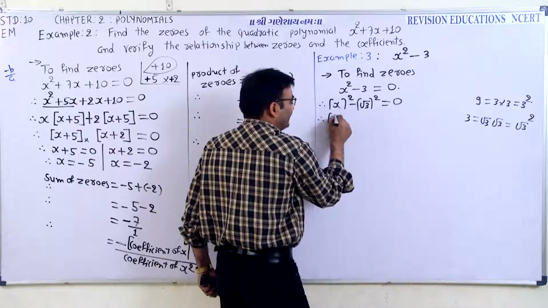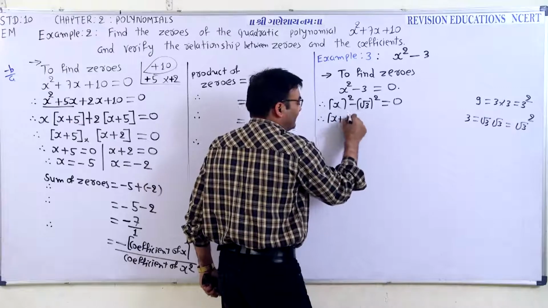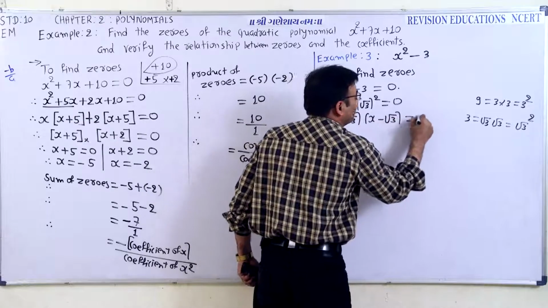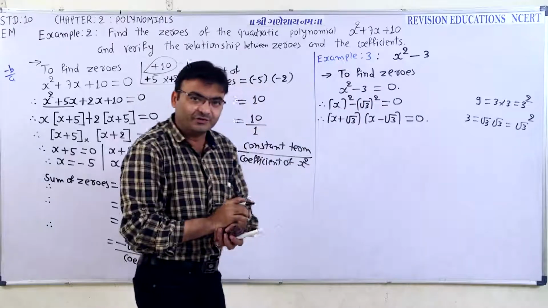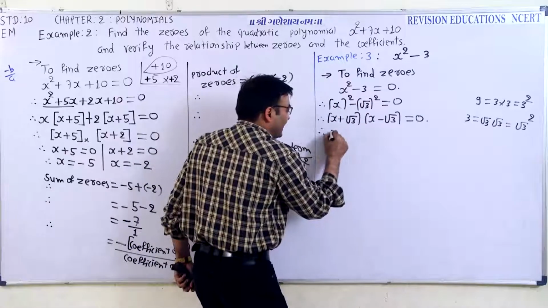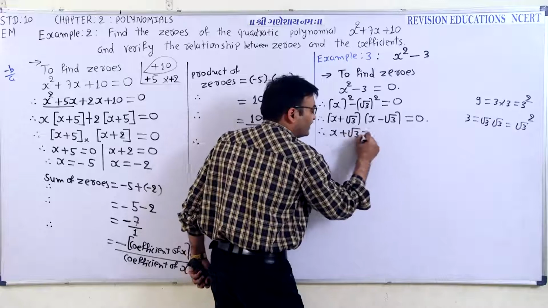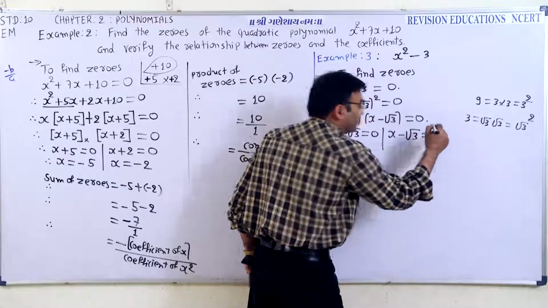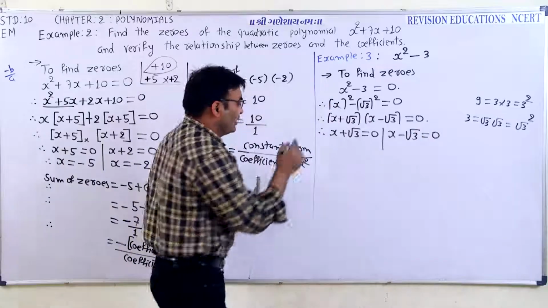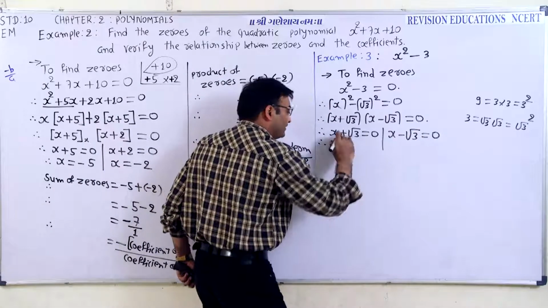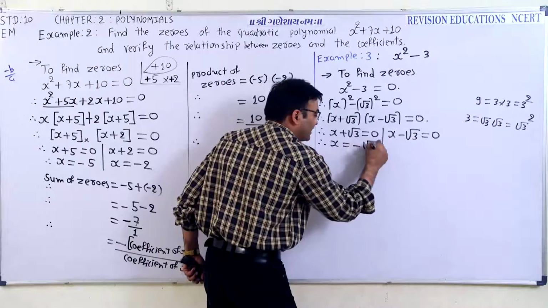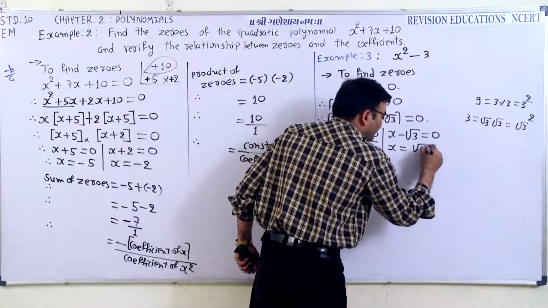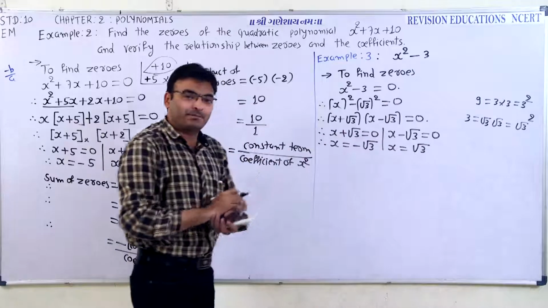Its factorization, x plus √3, x minus √3 is equal to 0. So we got here x plus √3 is equal to 0, x minus √3 is equal to 0. x is equal to, take this √3 to that side, it became minus. Take this √3 to the other side, it became plus.